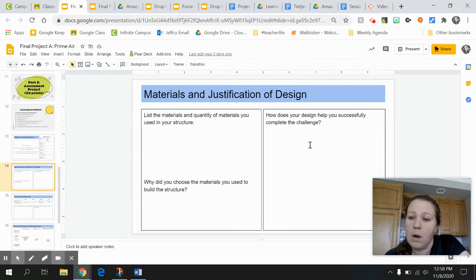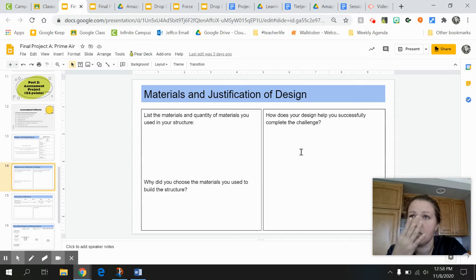You're going to talk about why you wanted to use a parachute, why you wanted to use springs. And again, to get advanced on this page, I'm looking for scientific vocabulary, right? If you used a parachute, talk about air resistance, talk about balanced and unbalanced forces, talk about the net force, right?